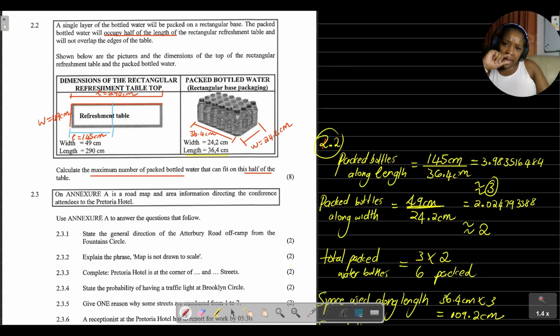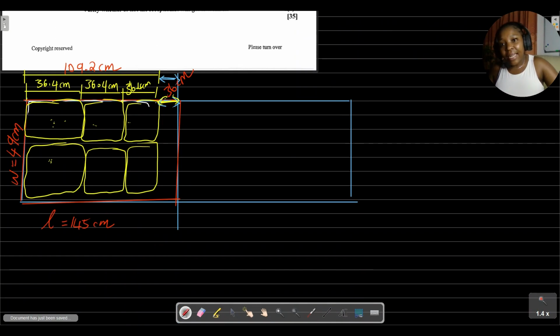Now let's think about that for a second. If I've got about 36 centimeters left there, maybe instead of packing these packed water bottles like that, I can pack them like that. But now all I need to determine is what's the length there?